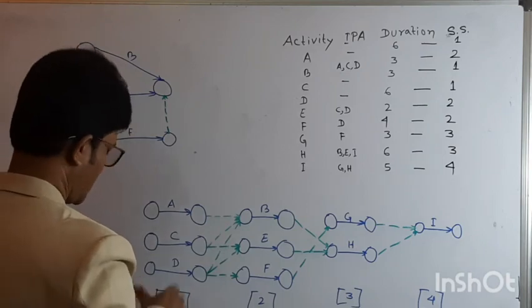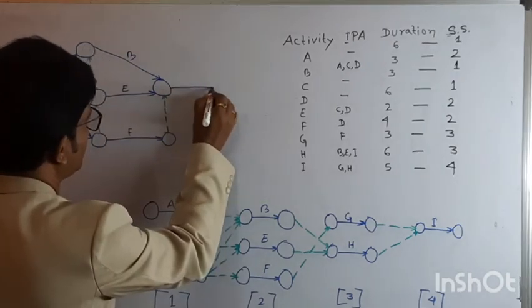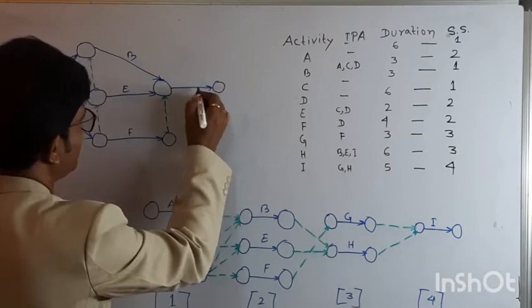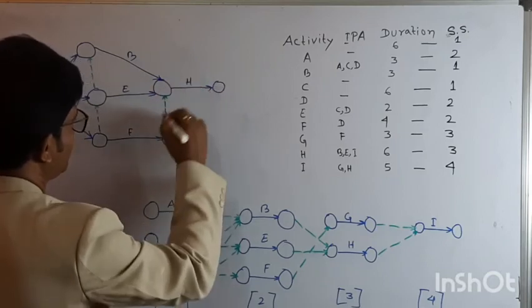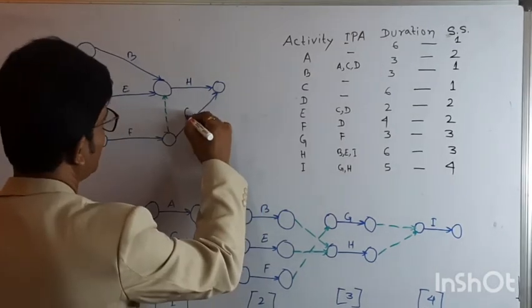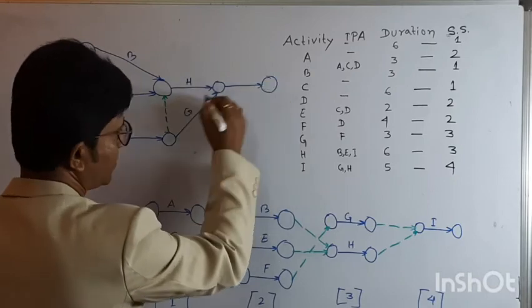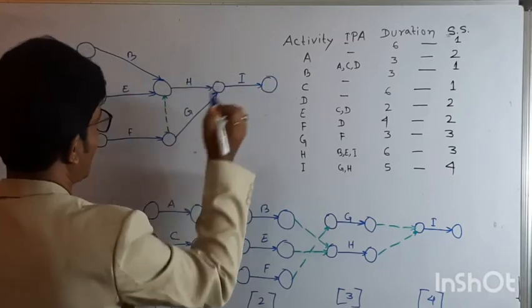Then we have another activity, known as H, and this will be connected by the activity called G, and finally it will get to another activity called I.